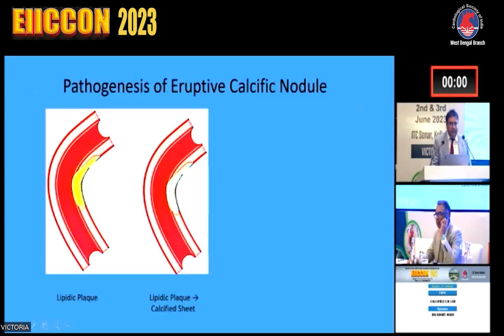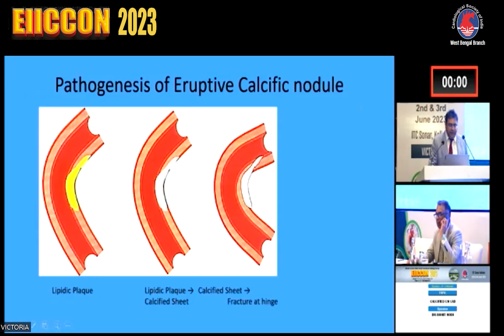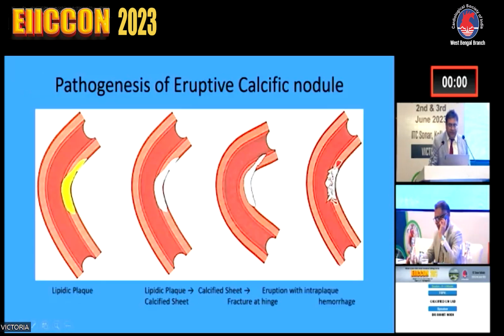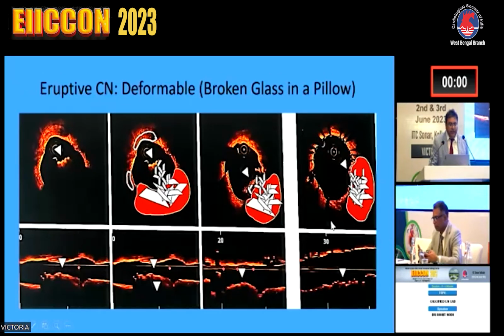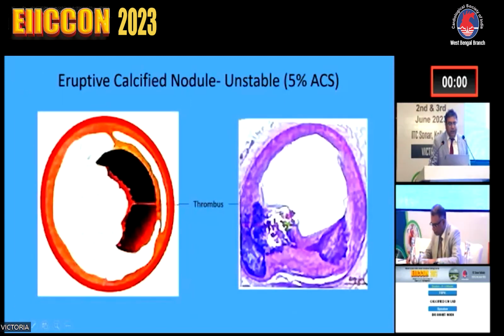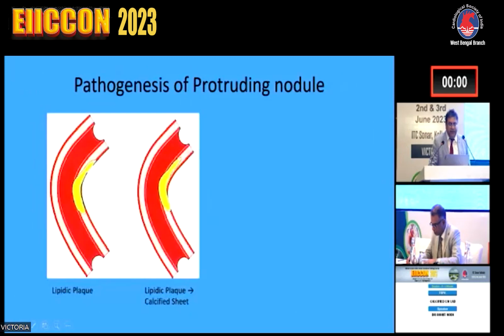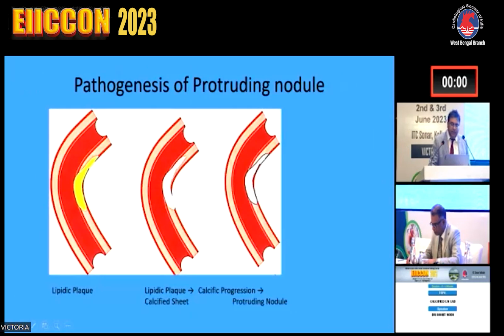This is the pathogenesis of eruptive calcified nodule. How the lipid plaque forms a calcified sheet and fractures and hemorrhages, and then an eruptive calcified nodule. Erupted calcified nodule, then in an unstable patient with ACS, then the pathogenesis of protruding nodule.